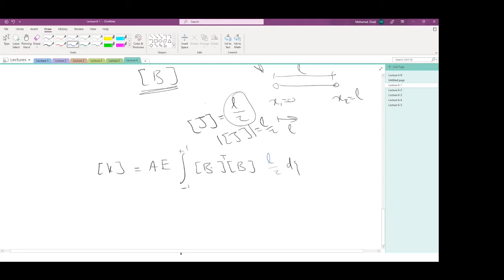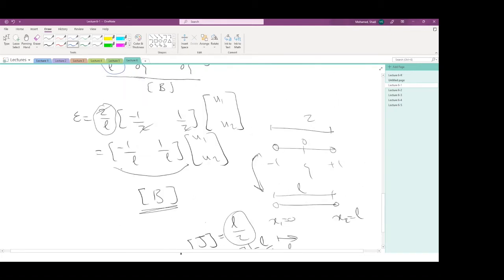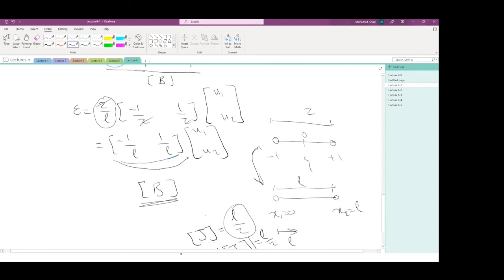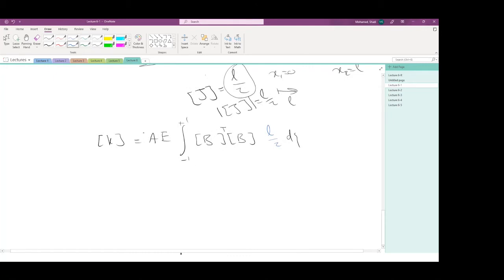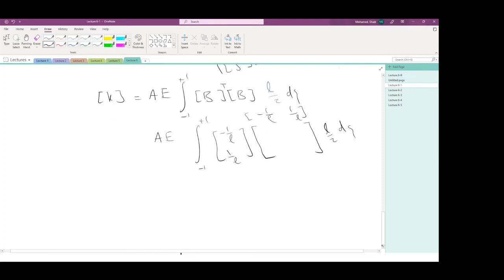And then the B matrix, I have that. This is this guy here. So it is minus 1 over L, 1 over L. So just write down that: AE, and then integral between minus 1 to plus 1, I have minus 1 over L, 1 over L, multiplied by minus 1 over L, 1 over L. This is the multiplication, multiplied by L over 2 and d xi.